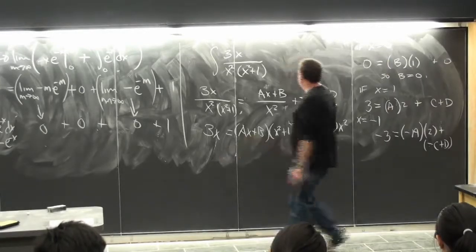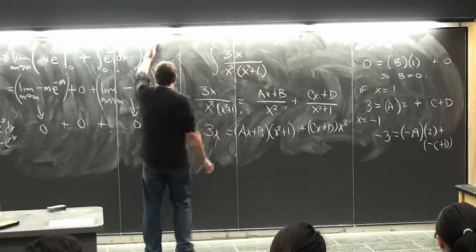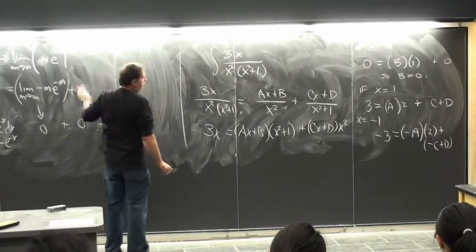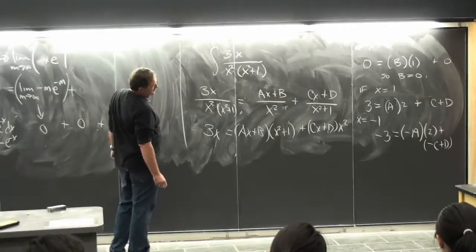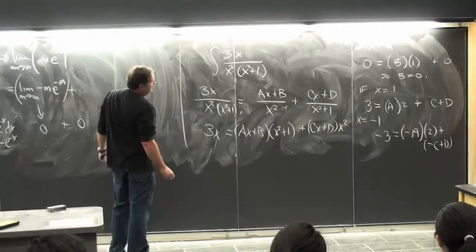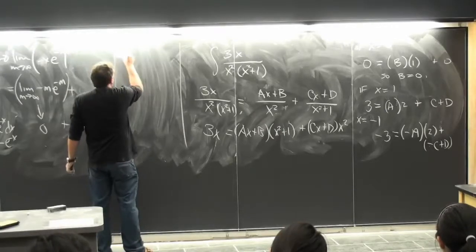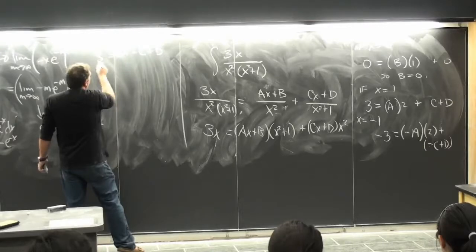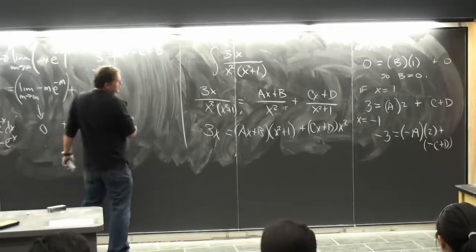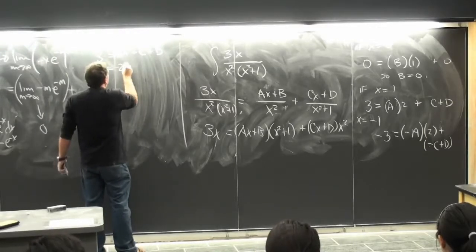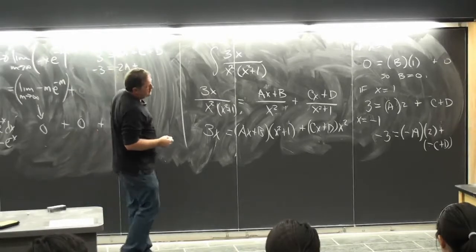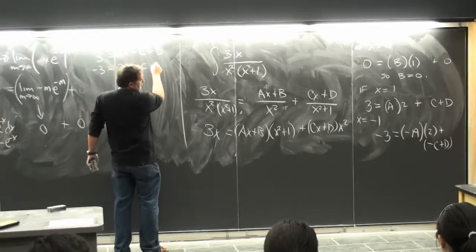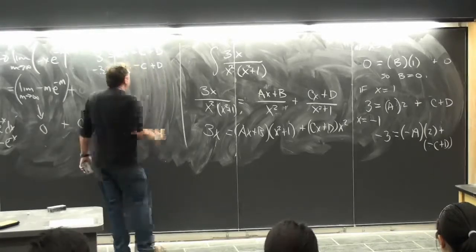Let me write those. Here. So I already know b is 0, so I'm done with that. And I know that 2a plus c plus d equals 3, and negative 3 equals negative 2a minus c plus d.